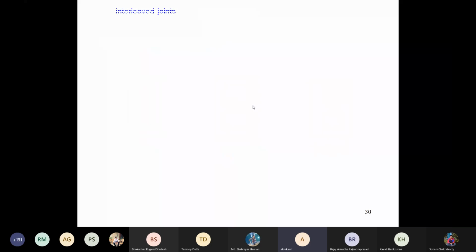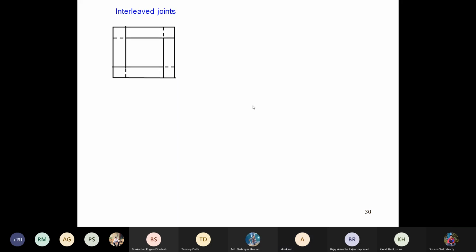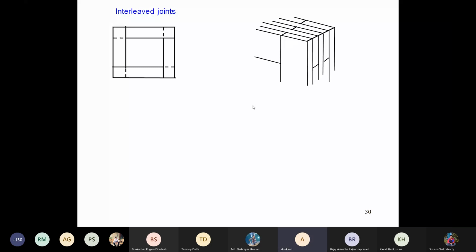Now, as somebody was asking about the joint, this is how they are joined actually. There will be some sort of overlapping to join them. So you see that this type of thing will be visible once they are joined; at the corners they will actually look like this. These are called interleaved joints.